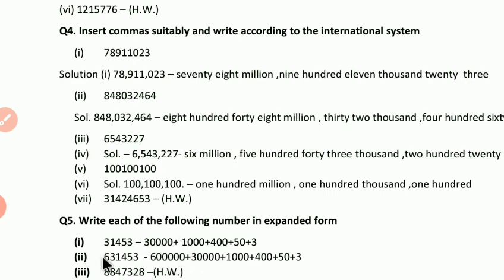Plus next digit after 3 is 1. After 1 there are 3 digits, so we have to put 3 zeros. Next one 4. 4 is at the hundreds place, which means 400. Plus 5. 5 is at the tens place, so 50. Plus and last one 3 at the ones place, which means 3 into 1, or we can write it as 3.